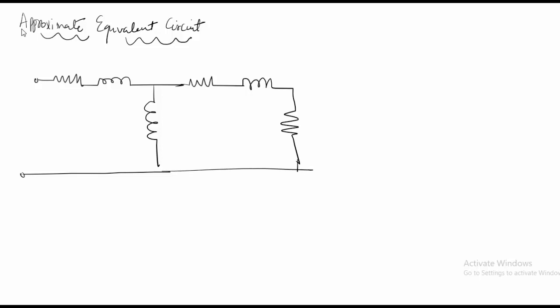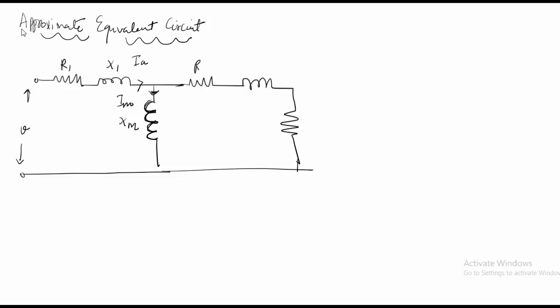So this is your R1, the stator resistance. This is X1, the stator reactance. This is your supply voltage per phase, and Xm is the magnetizing reactance, which supplies the current used for producing the magnetic field.